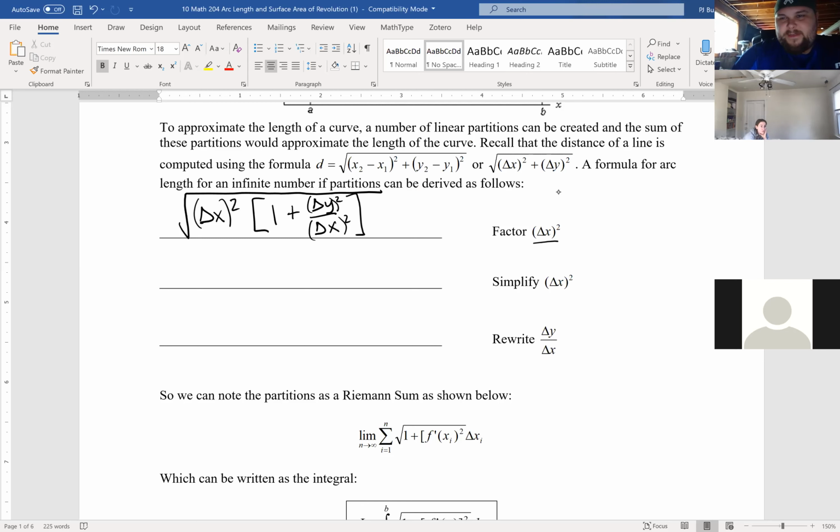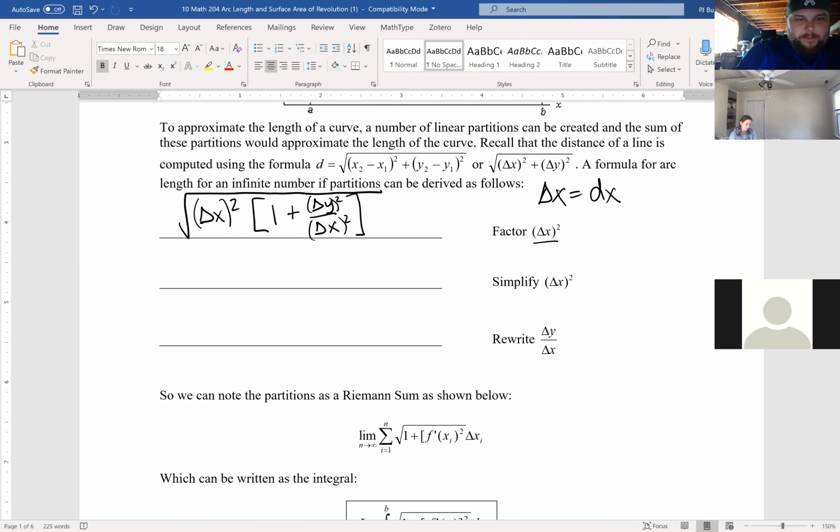So why in the world did I do that? Well, delta x in calculus translates to dx, and if I'm talking about integrating, I have to have a dx or dy or some kind of differential. So the square root of delta x squared is delta x.